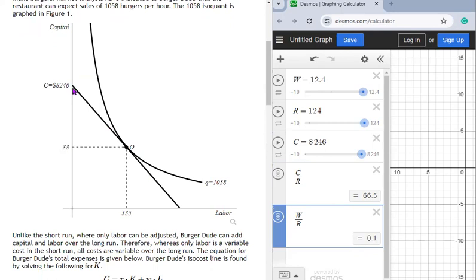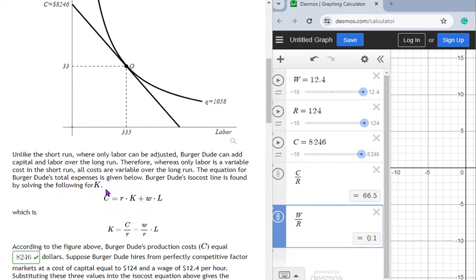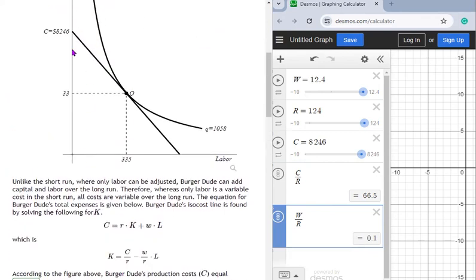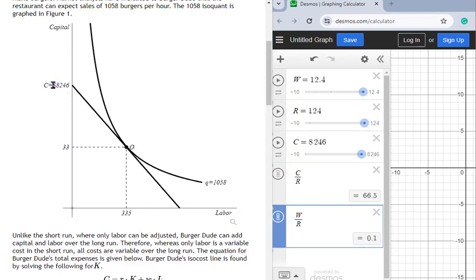Okay, so the intercept here, notice at the optimal solution, we have 33 robots hired or acquired. The intercept is 66.5. This number corresponds to the cost along this isocost line, right? So this number is not the number on the vertical axis right here. It is the value at each point along this isocost line, right?